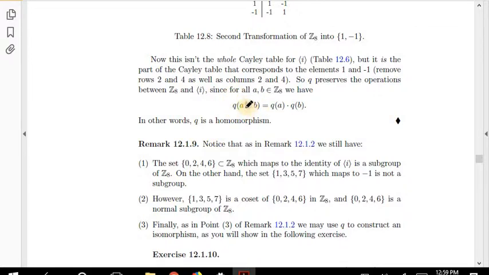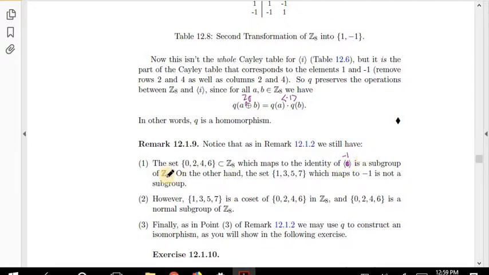Again, this is the operation in Z8, and this is the operation in the group generated by minus 1. Okay. And we get these same observations we had before, that the set in Z8 that maps to the identity of, so this shouldn't be i, this should be minus 1, sorry.